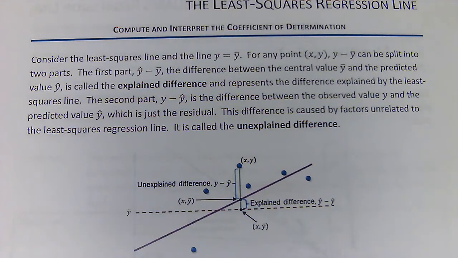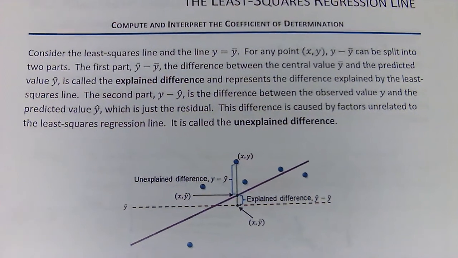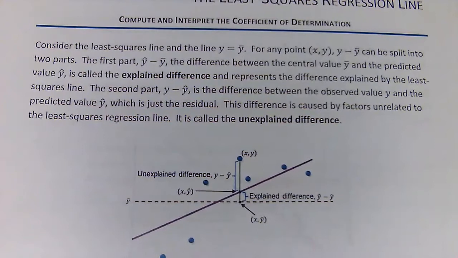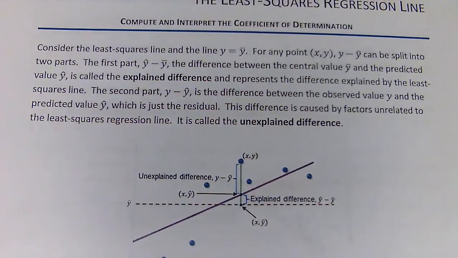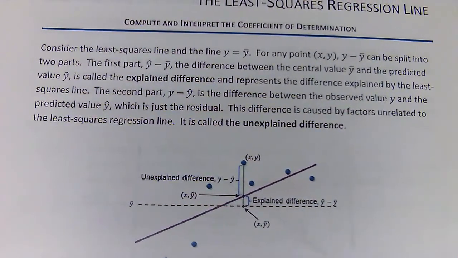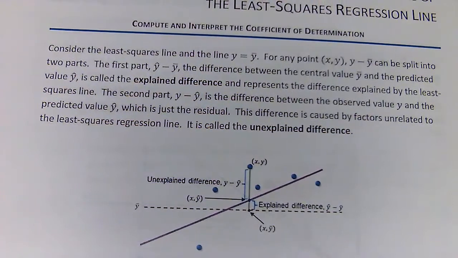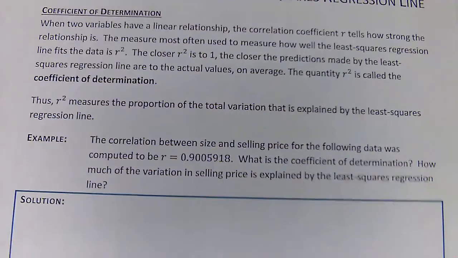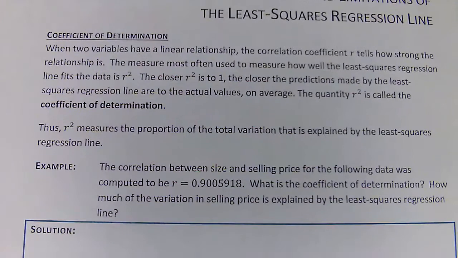And that's kind of hard to fathom in this graph. But we want to talk about how much does this line explain the differences we find in our values versus what we can predict. And that's called the coefficient of determination.